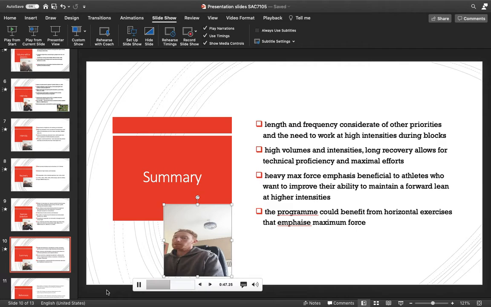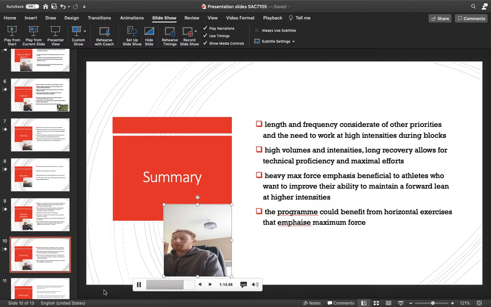So higher volumes and intensities of reps and sets, long recoveries that allow for technical proficiency, just like we would on the track during acceleration activities and maximal efforts. The heavy max force emphasis in this program is particularly beneficial to those athletes who do need to improve their ability to maintain a forward lean, particularly as they progress at higher intensities.